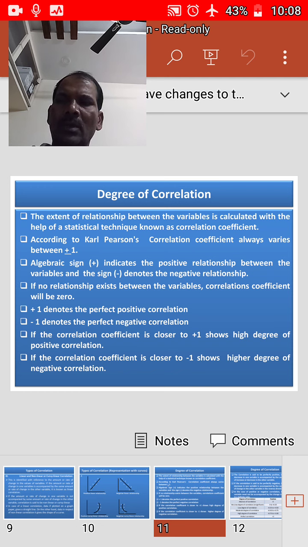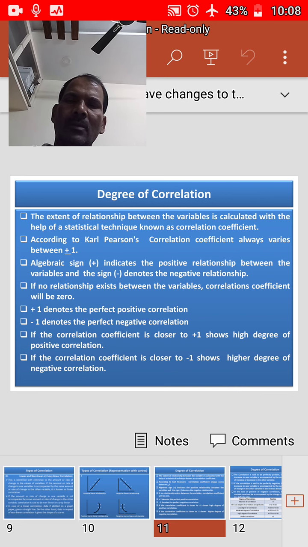While positive one denotes the perfect positive correlation, minus one denotes the perfect negative correlation, where they move in opposite directions.